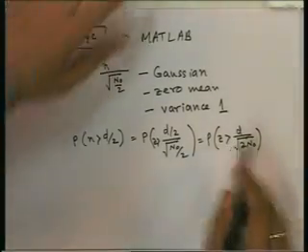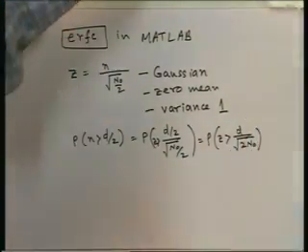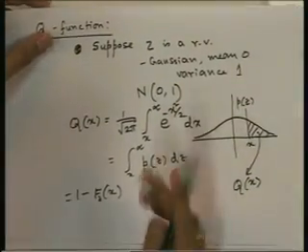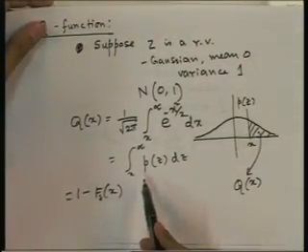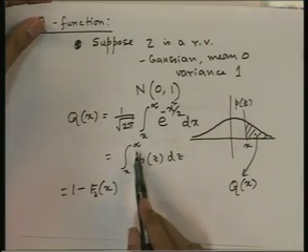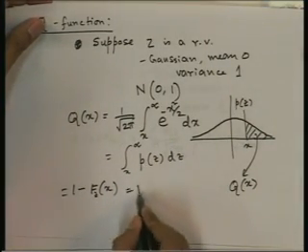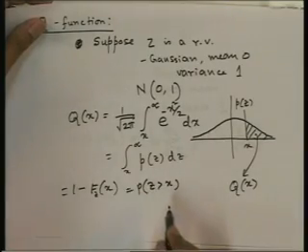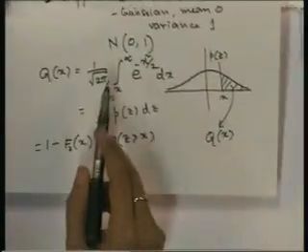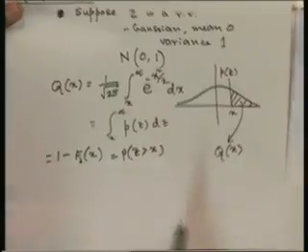Okay. So, now this is of this form. The definition of the Q function, if you see, is that Q of x is defined to be probability z greater than x. Here z is the same random variable, that is 0 mean Gaussian with variance 1.